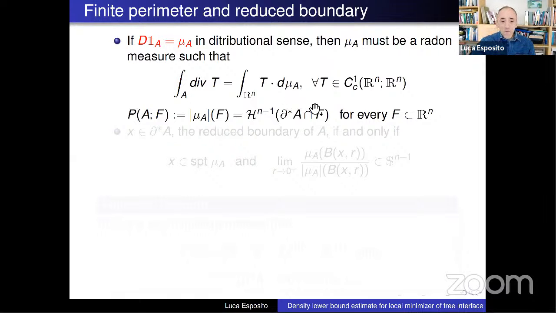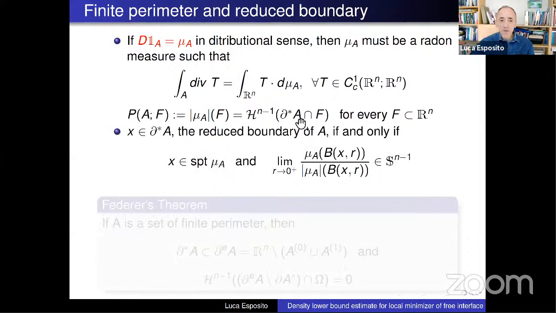And more important for our consideration is that the perimeter of the set A inside any F in R^n is equal to the total variation of this measure. But more useful, the perimeter is also equal to the (n-1)-dimensional Hausdorff measure of the reduced boundary of the set A. And what is the reduced boundary?